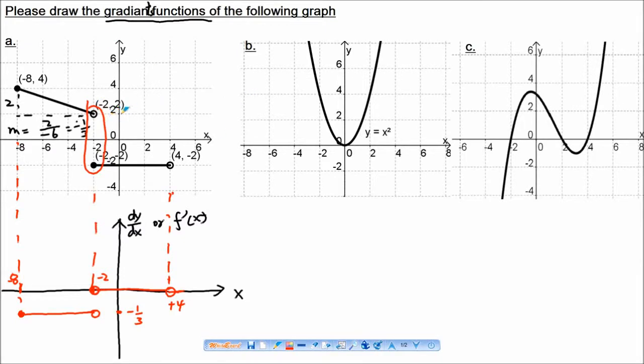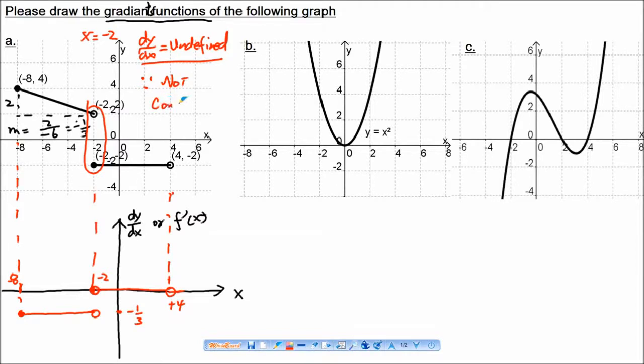On this graph, when x equals -2, the gradient dy/dx is undefined, simply because this function here is not continuous.